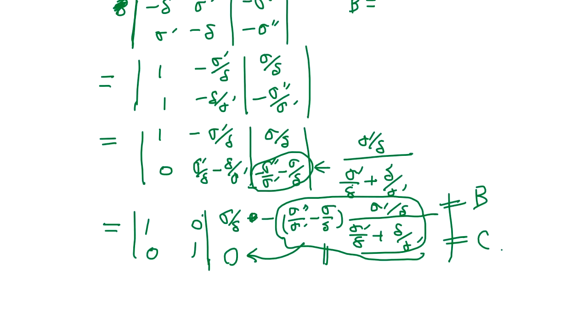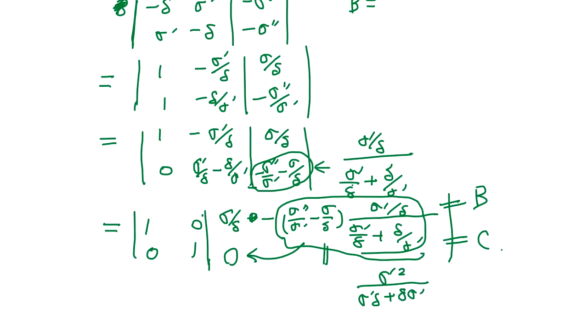We multiply delta and sigma prime on both sides, so it's sigma prime squared, the sigma prime delta plus delta sigma prime.